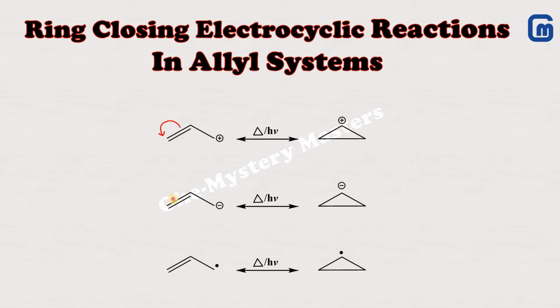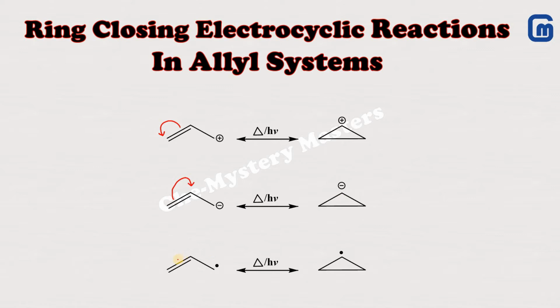Similarly, in the next case, the bond will break on this side, while the terminal carbon will be getting a plus charge here. Already on the other terminal there is a negative charge, so that again a cyclic structure will be obtained and the negative charge will be obtained at the central carbon.